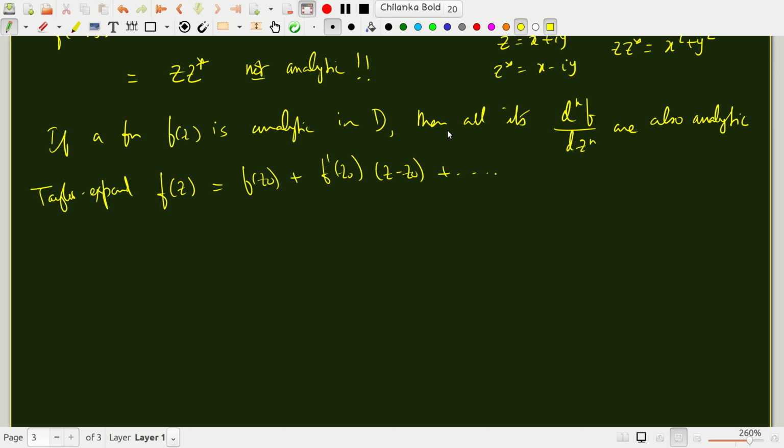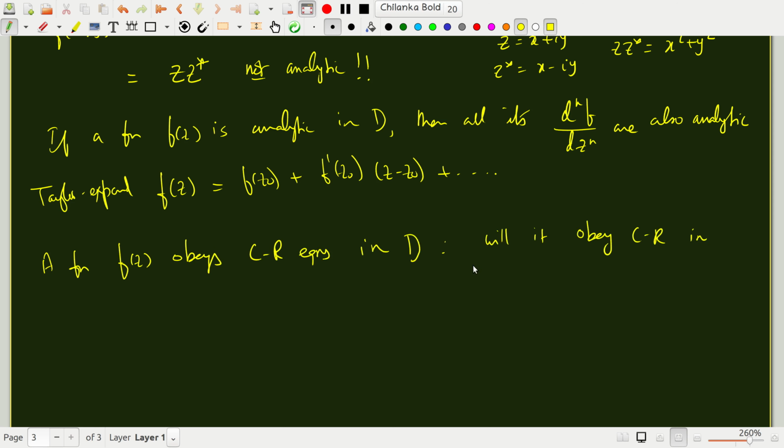Now the question is, suppose a function f of z obeys the CR equations, the Cauchy-Riemann conditions, in some domain D. Will it obey the Cauchy-Riemann conditions in the entire complex plane, or in other domains?